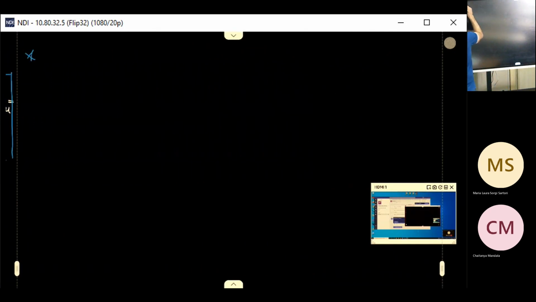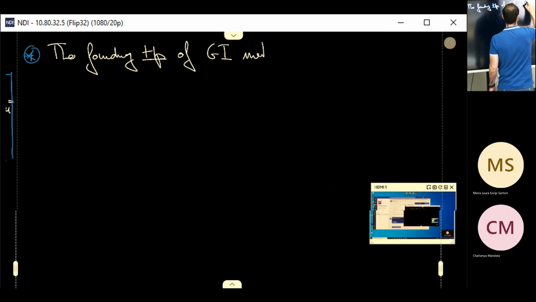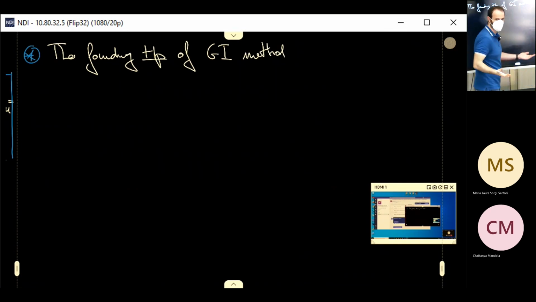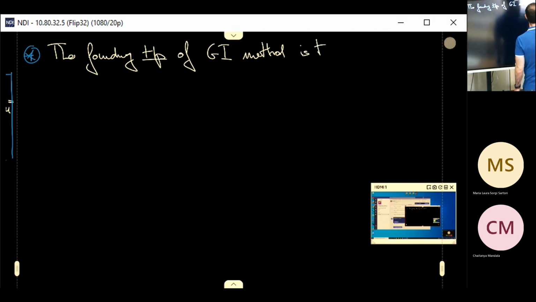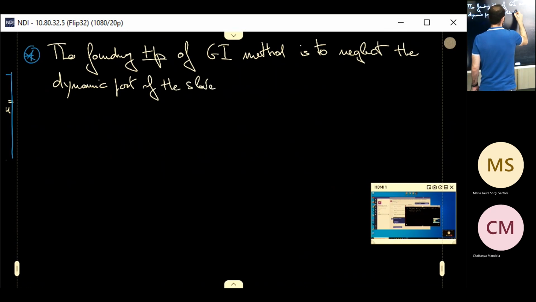So the founding hypothesis of Guyan-Irons method, which is called static condensation for a reason, is to neglect the dynamic part of the slave vector.